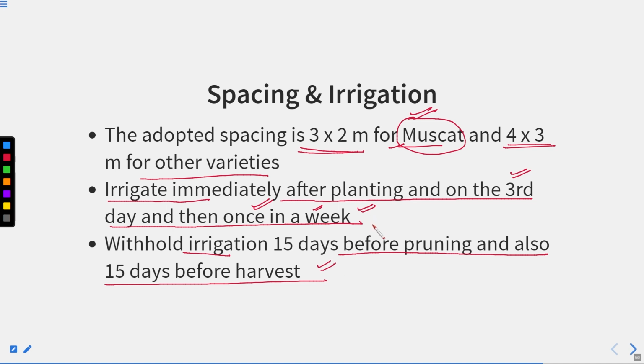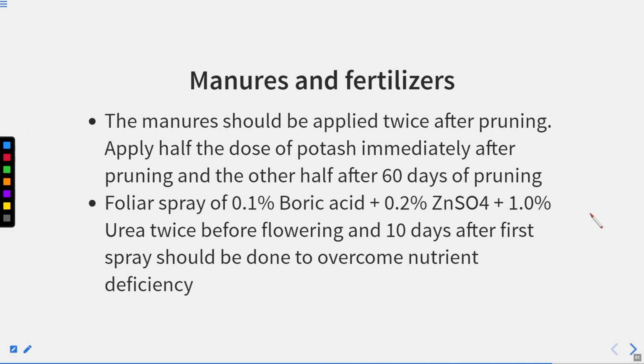So these are some of the things that you have to keep in mind when you are growing the crop on a commercial basis in the crop field.